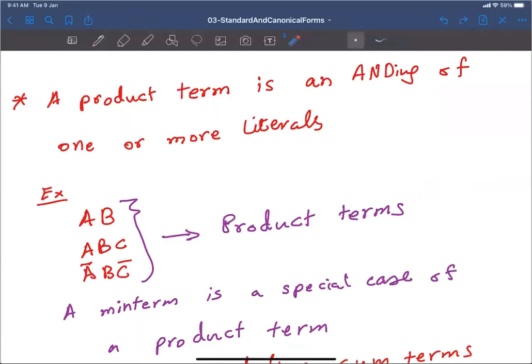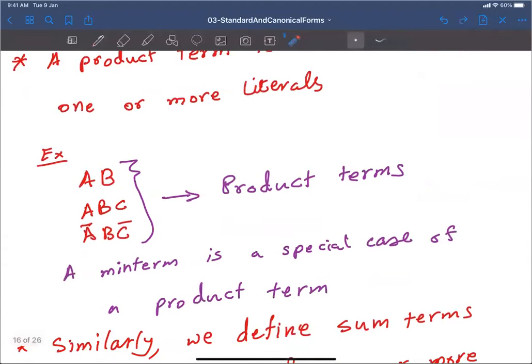If it is a product term, then it's a product term, that's it. A min term is a special case of a product term because, in addition to being a product term, it is required to contain all the literals in the system, whether complemented or uncomplemented.